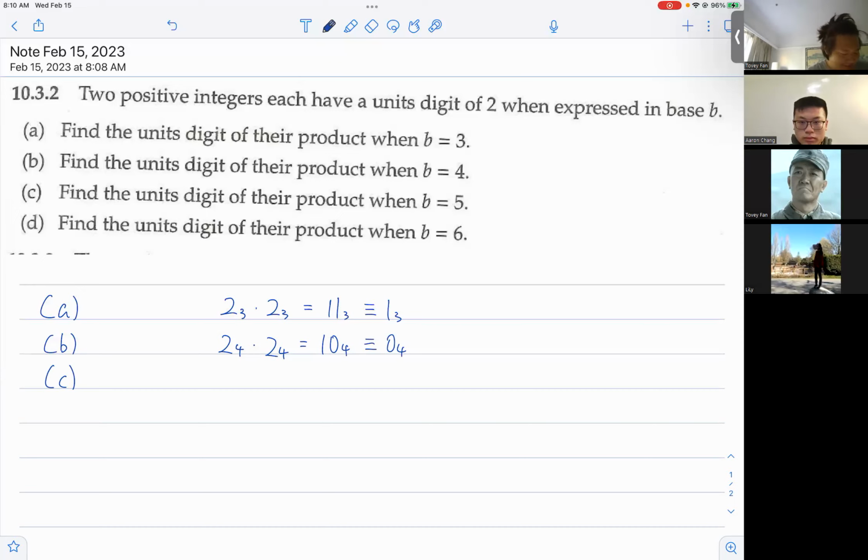So Lily, what do you say? Okay. So what if the base is 5? 2 in base 5 times 2 in base 5 is what? 4.